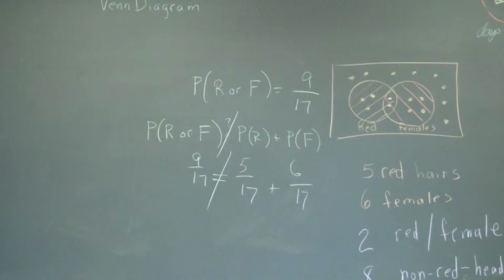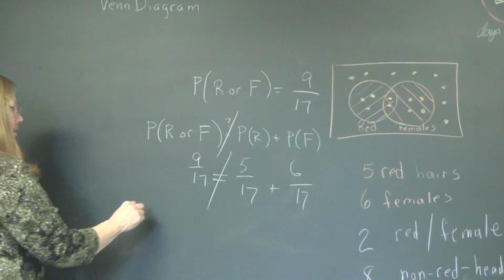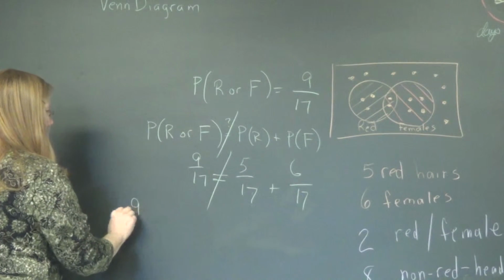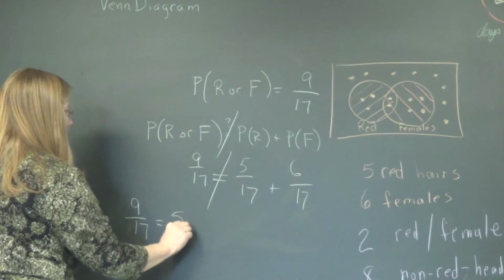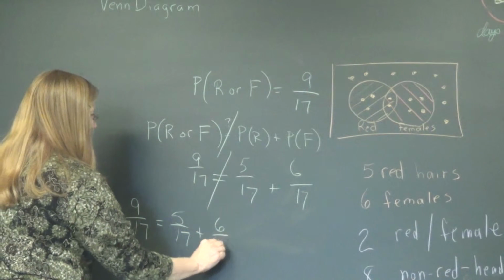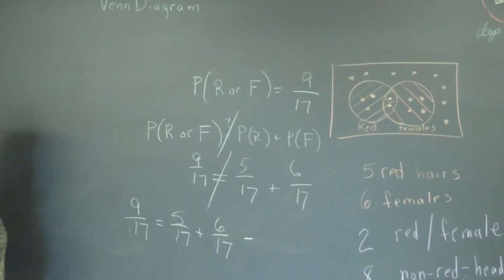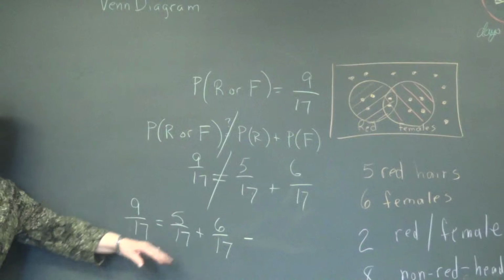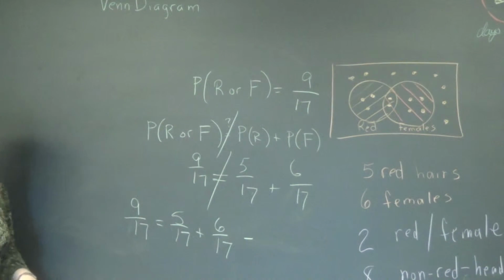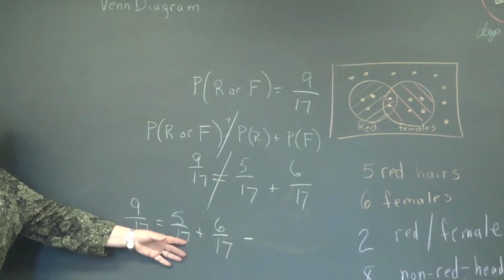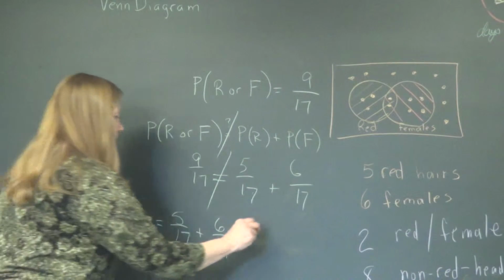So what could we do to improve that answer? 9 out of 17 equals 5 out of 17 plus 6 out of 17 minus, what do we have to take away to make it correct? This side is higher than that side, so what do we have to take away? 2. There's 11 on this side, 9 on this side, so I have to take away 2.